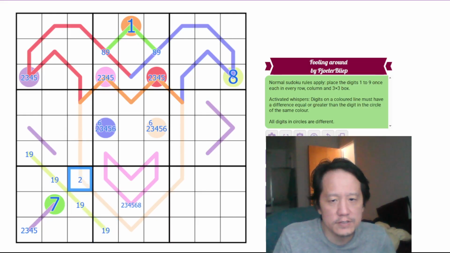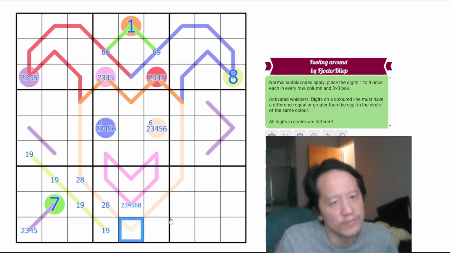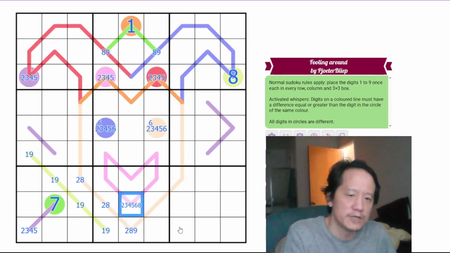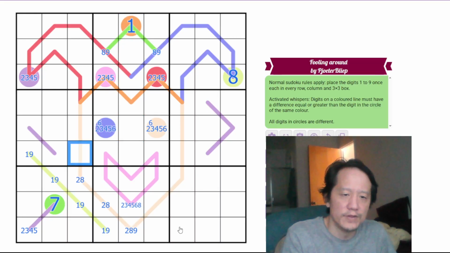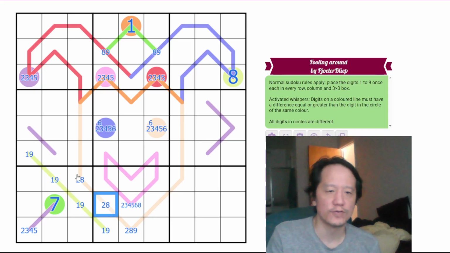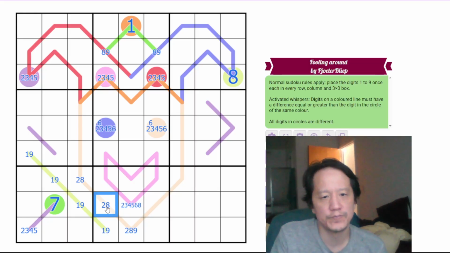So this would have to be 2, 8, and this would have to be the other 2, 8, right? You could potentially have the other 1, 9 here. So this would be 2, 8, and 9 as possibilities because it can't be 1. This sees only one of the 1, 9s. These are different ones. So this 2, 8 is different from that 2, 8.